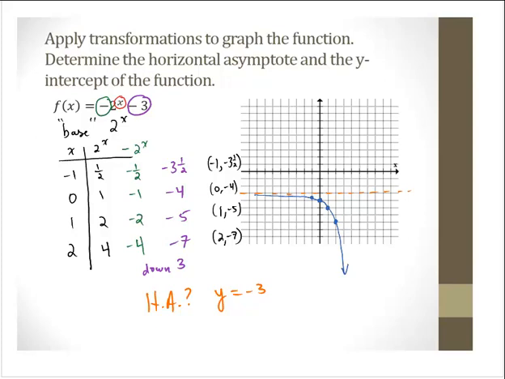And you might say, well, wait a second, the base was 2, why isn't it increasing? Why do we get a decreasing function? Well, since we had to flip, that's a vertical flip, we should expect a decreasing function now. So there's the graph of the function, and what is the y-intercept? Y-intercept, when x is 0, 0, -4.